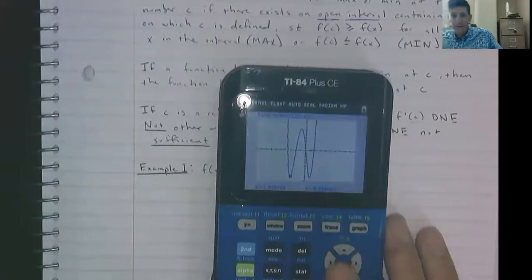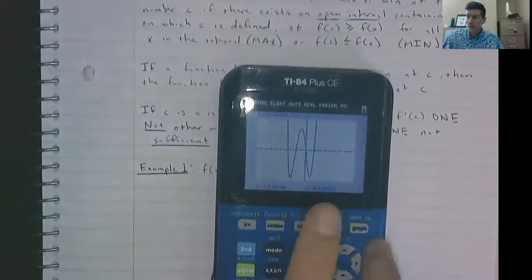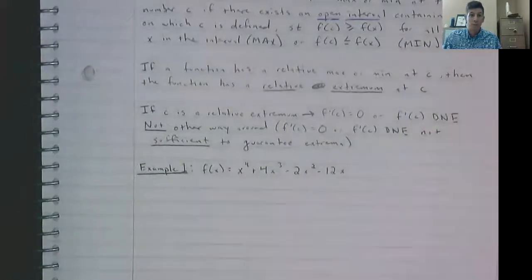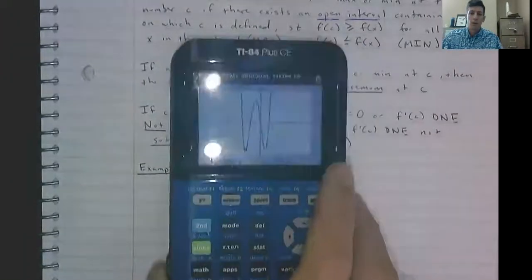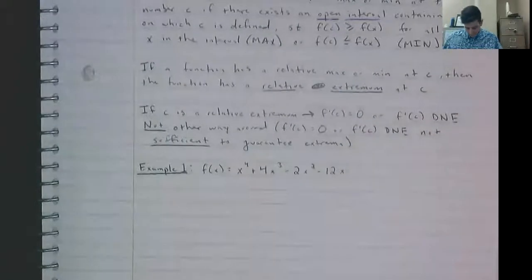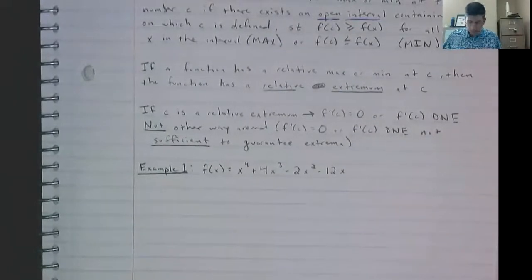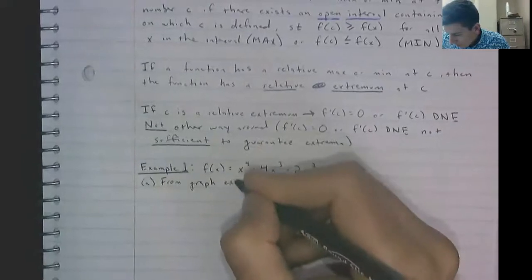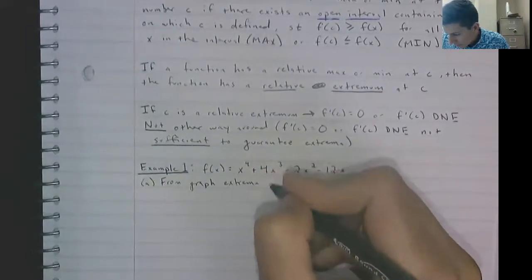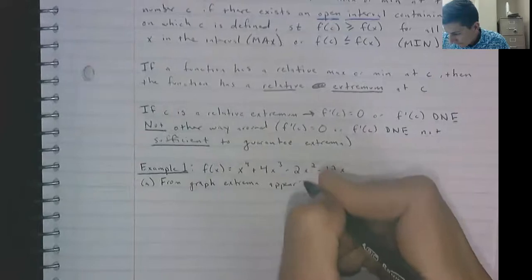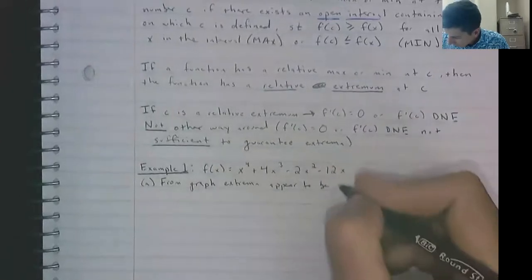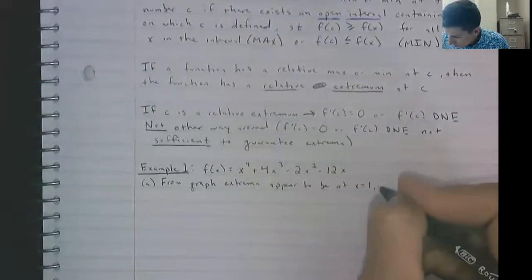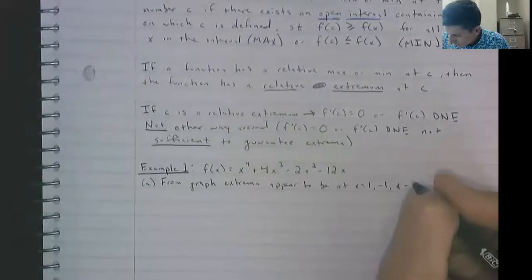Yeah. So our guesses here are 1, -1, and -3 for our critical numbers, because those appear to be our relative extrema from our graph. So A, from graph, extrema appear to be at x equals 1, -1, and -3.